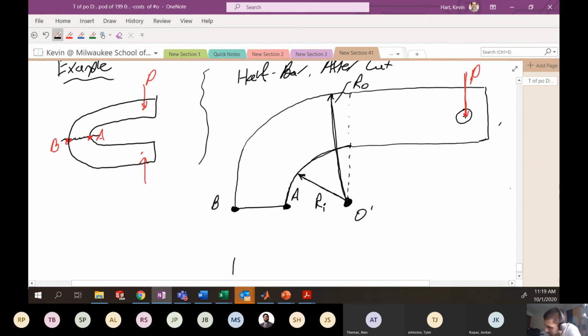We might think about the projection of the cross section of this bar, so think of this as a projected view. Here is the location of O prime.